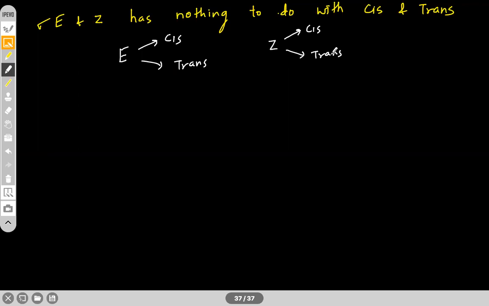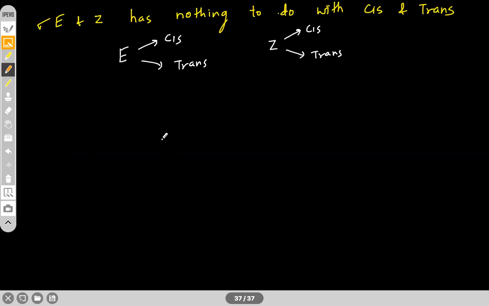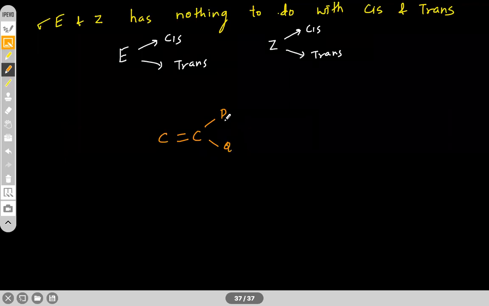Now, how do we assign this E and Z isomer? Suppose we have this molecule. Suppose we have a carbon-carbon double bond, and on this, groups P, Q, R, S are attached. This is the most substituted alkene because all the hydrogen has been replaced.